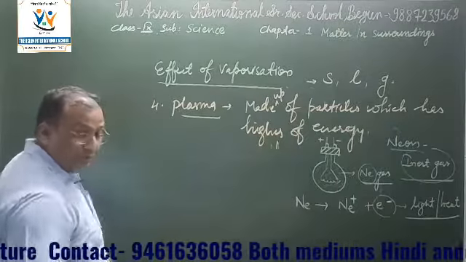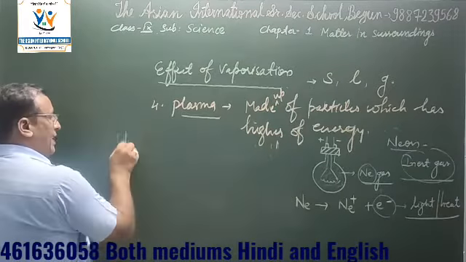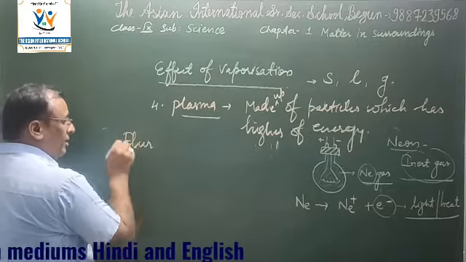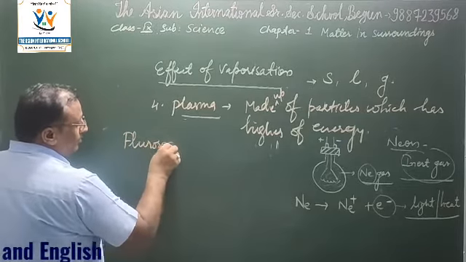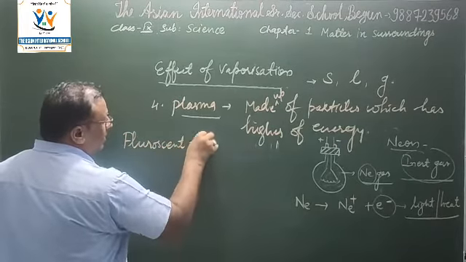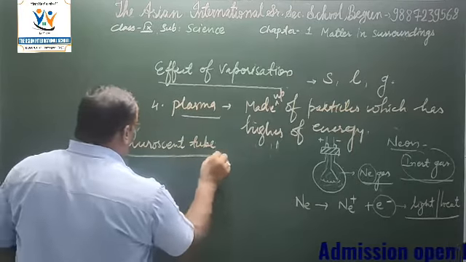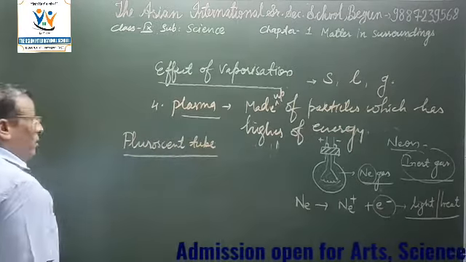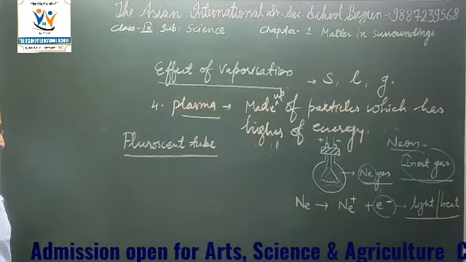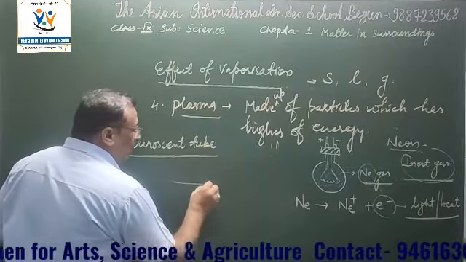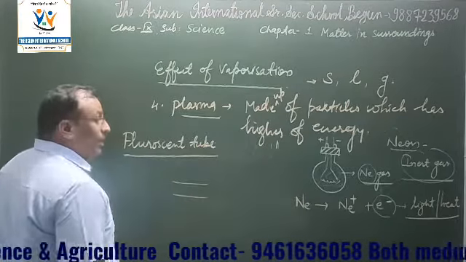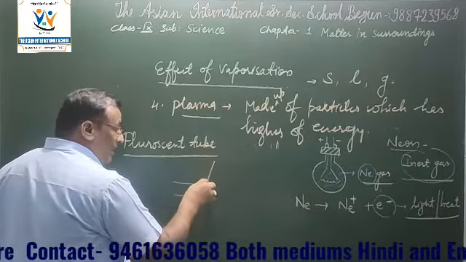Let us begin with the other example that I have shown you. The fluorescent tube. You have seen some televisions or bulbs with this type of tube.